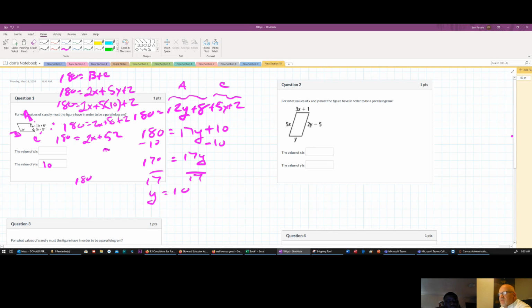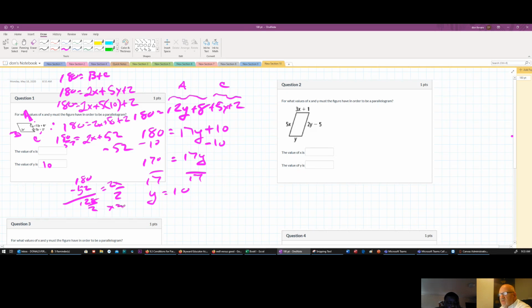I'm going to come back down here. So 180, we're going to subtract 52 from both sides. 180 minus 52 gives you 128. 128 equals 2x. And x, we divide by 2 and we divide by 2.